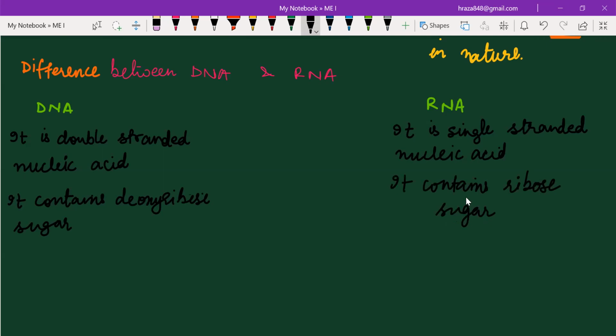Wait a minute, please correct it. This is deoxyribose, and this is only ribose.